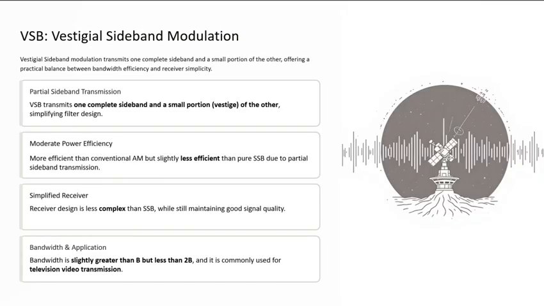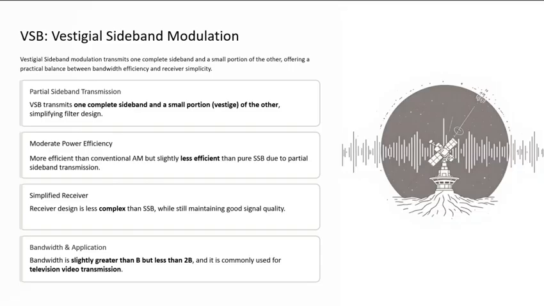Next is vestigial sideband modulation, which is VSB. In vestigial sideband modulation, one complete sideband is transmitted. A small part of the other sideband is also transmitted. This is done because sometimes it is difficult to remove one sideband completely. So VSB offers a balance between bandwidth, efficiency, and the receiver's simplicity.